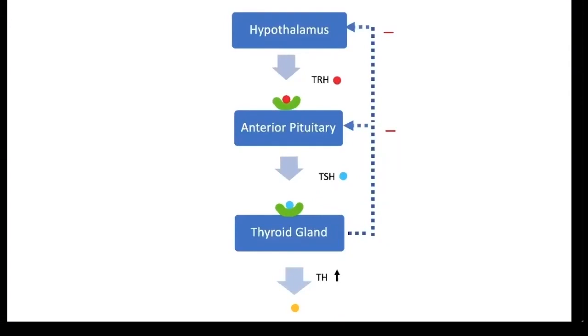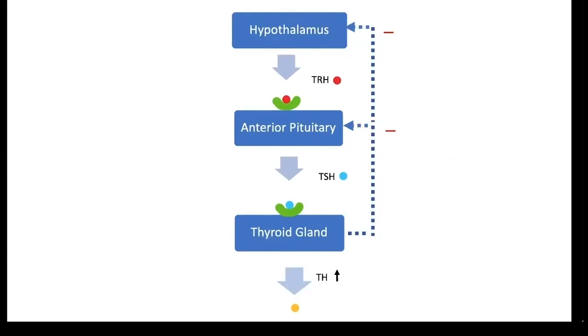This flowchart illustrates the normal feedback mechanism that controls thyroid hormone levels in your blood. The hypothalamus releases TRH, which binds to its receptors at the anterior pituitary. In response, the anterior pituitary releases thyroid-stimulating hormone, which binds to the follicular cell receptors in the thyroid gland.